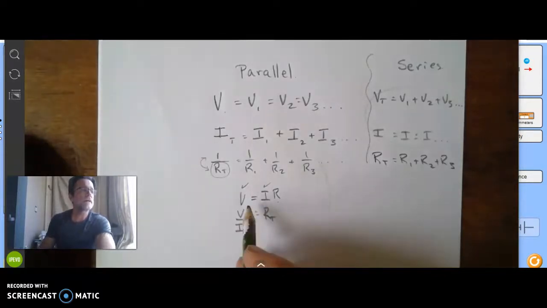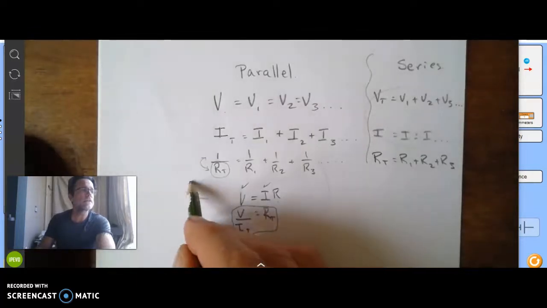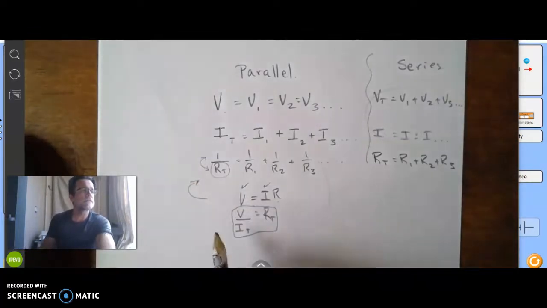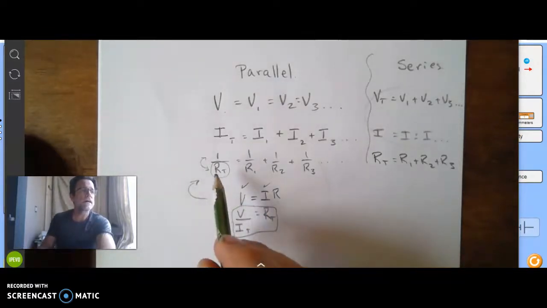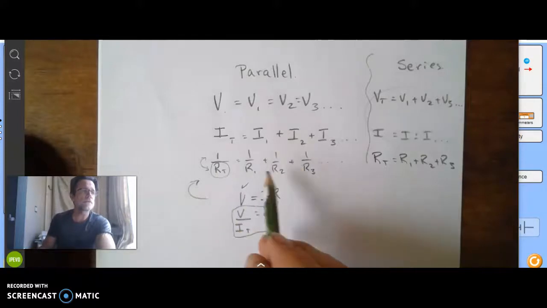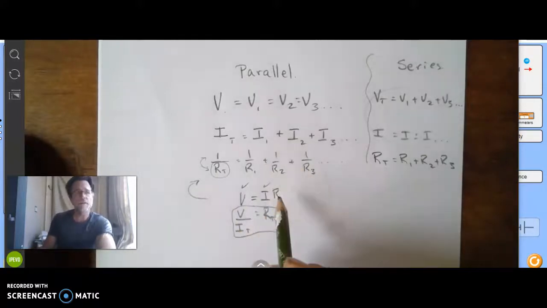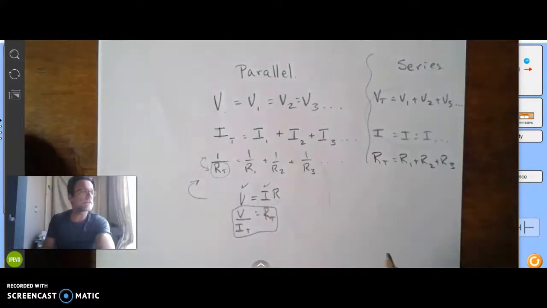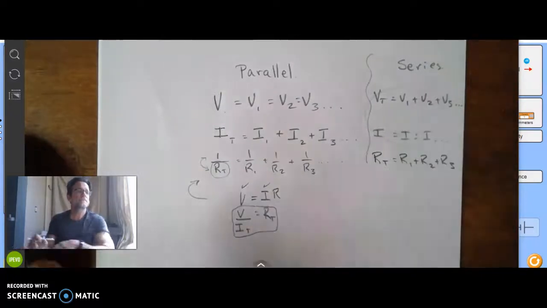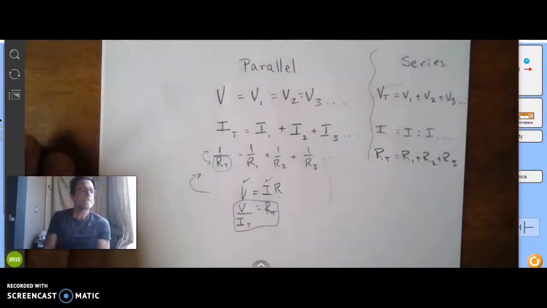Okay, so if we can apply that, then we can kind of avoid all this mess here. This is a much more simple mathematical operation, less chance for errors than it would be to go through all this. But if you wanted to double check, they would give you both the same answer. Okay? All right.